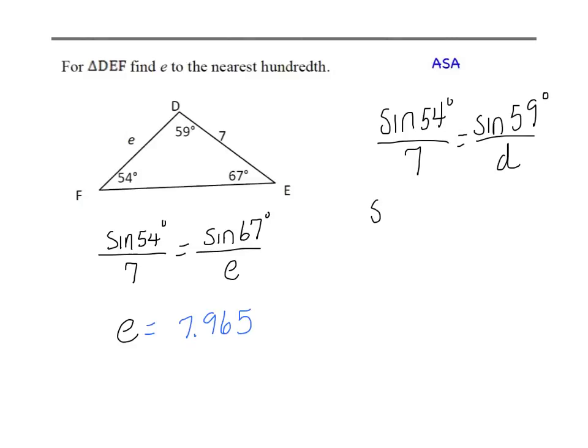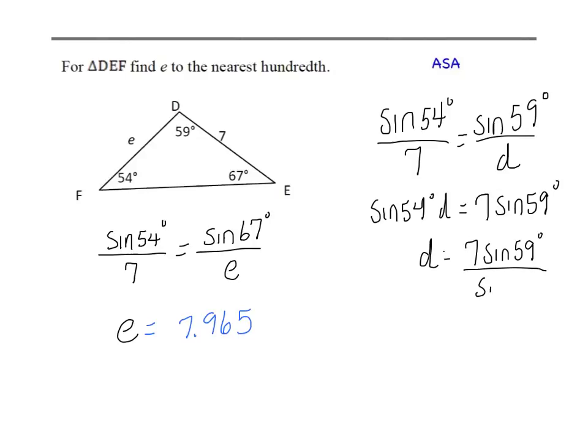We would say that the sine of 54 times D is equal to 7 times the sine of 59, and D would equal 7 times the sine of 59 over the sine of 54. So D would equal 7.42 with a little bit of rounding.